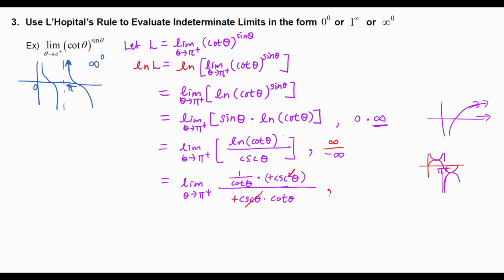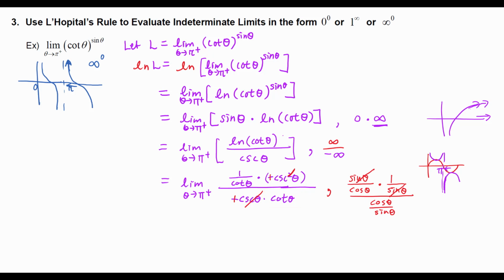Can we just do it on the side here? 1 over cotangent theta is tangent theta. Tangent theta is sine theta over cosine theta, times cosecant theta, which is 1 over sine theta, over cotangent theta, which is cosine theta over sine theta.